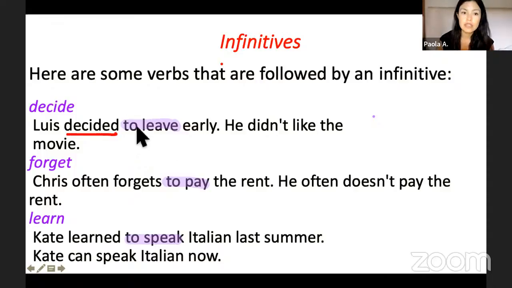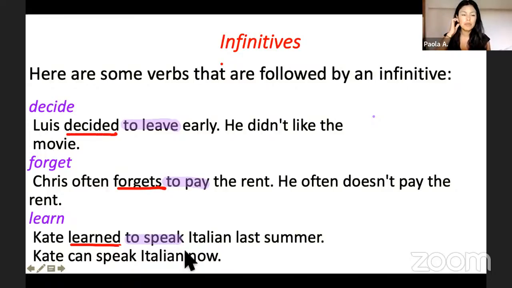To leave, that's the infinitive. Forget is in present simple. And in the last one, we have learn, but it's in past tense, learned. So it doesn't matter in which tense we have the verb, it's always going to be followed by an infinitive: to leave, to pay, to speak.